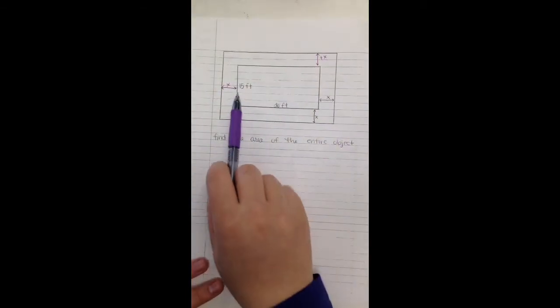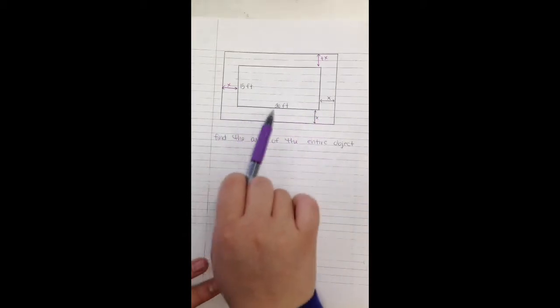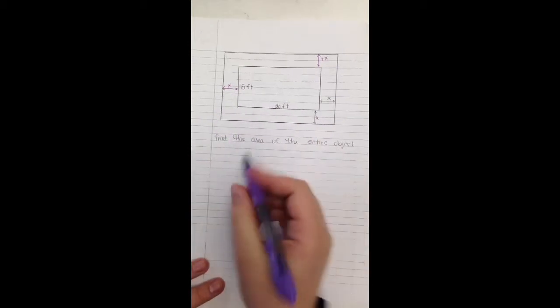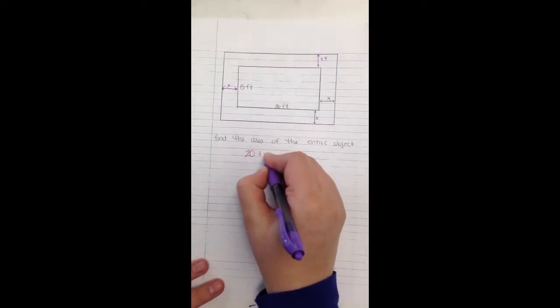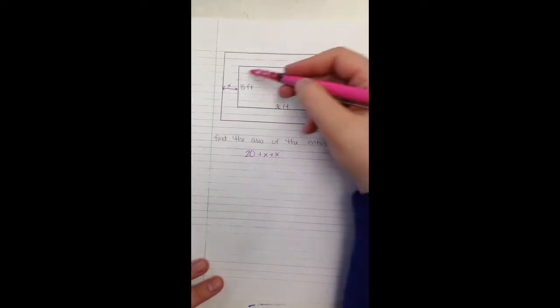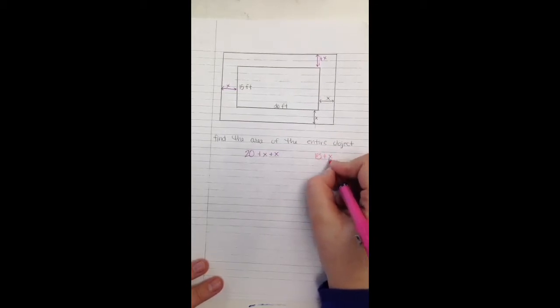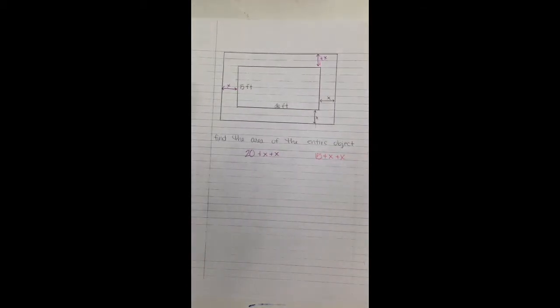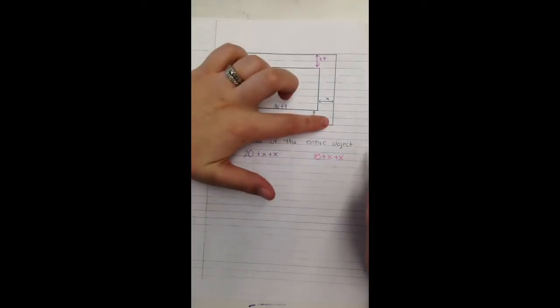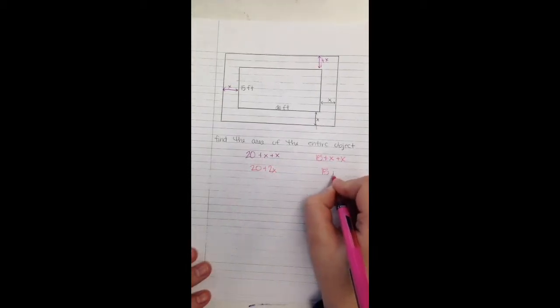If I'm finding the total width, I'm going to take 20 plus x plus x. And if I want to find the whole height, I'm going to take 15 plus x plus x. Because remember, I'm trying to find area, and area is length times width. So I have to find the full length and then the full height. So I have 20 plus 2x, and then 15 plus 2x.